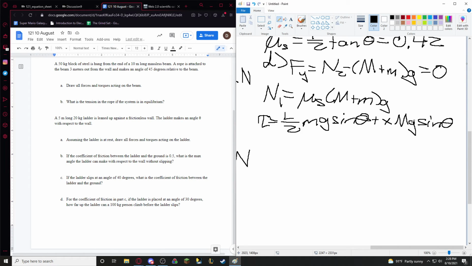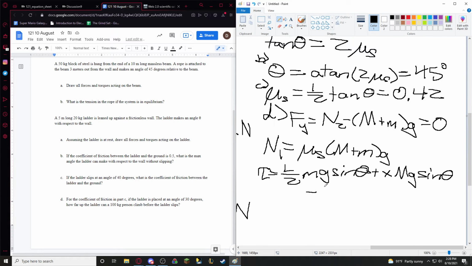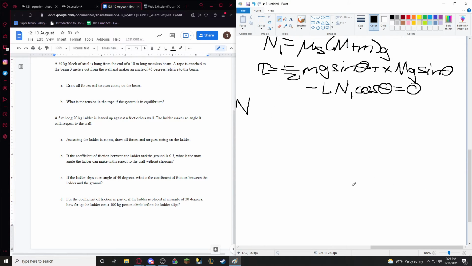And that's the torque from our 100 kilo person. And then we have minus L n1 cosine theta is equal to 0.